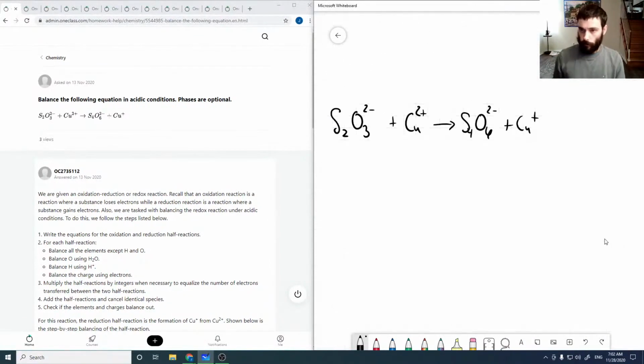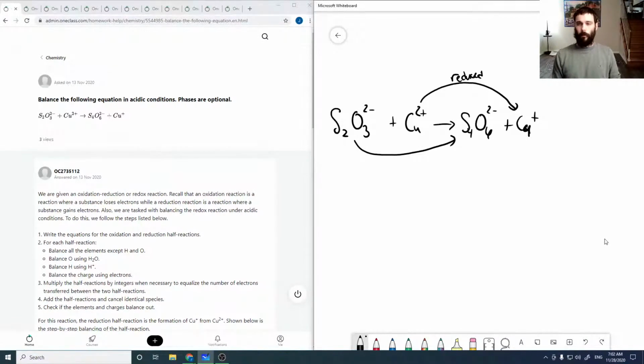Okay, so in this case, we can readily identify that copper is being reduced. It's less obvious that this species is being oxidized, but if we consider the oxidation states, on oxygen it would be 2 minus each.